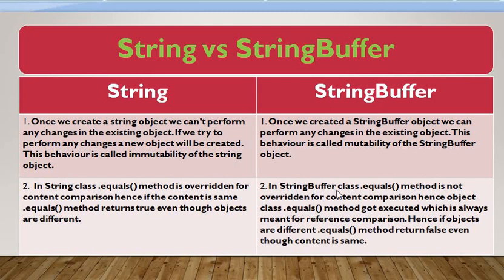But in the StringBuffer class, the equals method is not overridden for content comparison, and StringBuffer uses the Object class equals method, which is mainly used for reference comparison. Hence, if the objects are different, the equals method will return false even though the content is the same.